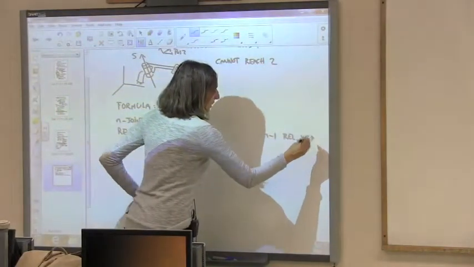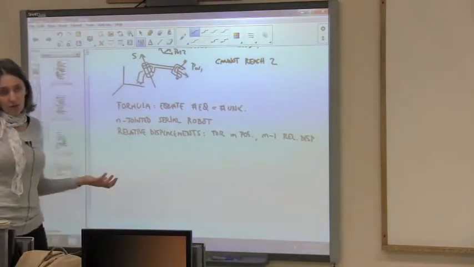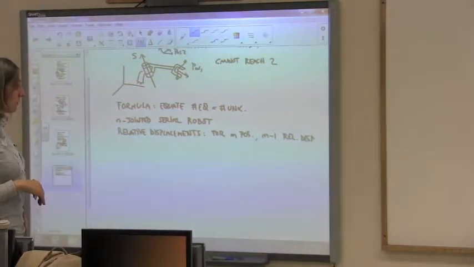What we do is we take one as the reference and we subtract that from the other ones, right? Or we do the inverse times that.